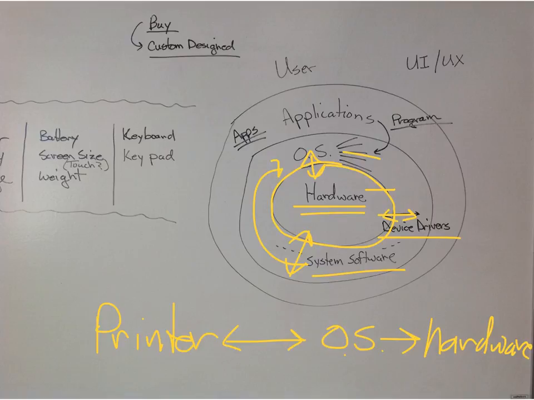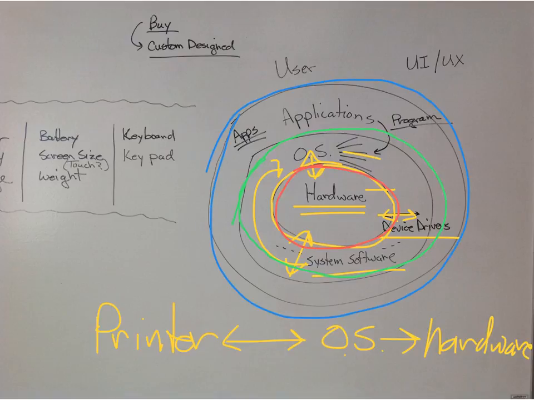Then we talked about how it's kind of layered. The operating system is dealing in here with the hardware, and then we have these applications. The applications communicate with the OS, right? They're programs.